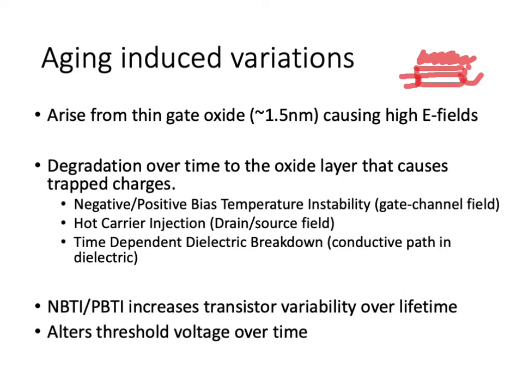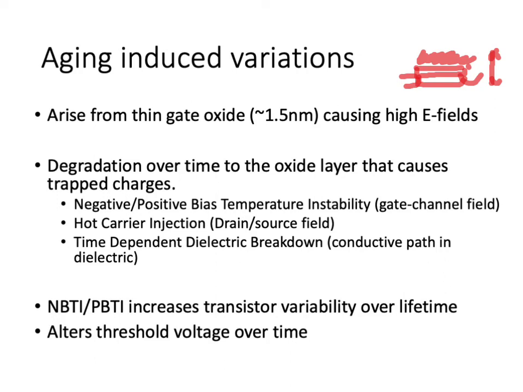And we've scaled down the voltage from, let's say, about 5 volts to now about 1 volt, but we've scaled down the thickness of the oxide even more, on the order of a factor of 1,000 or more. So this causes much higher electric fields operating between the gate and the channel. That means the electric fields that develop over the oxide thickness.